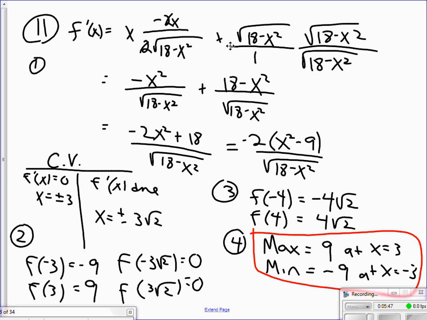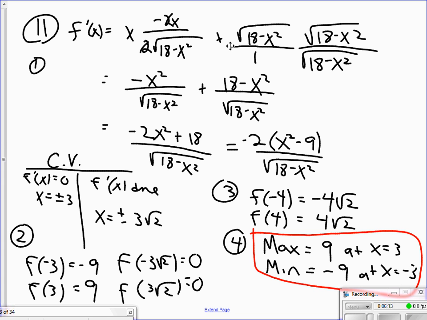So many critical values. Then we have to find the y coordinate at each of these by plugging each into the original function. You get negative 9 when you plug in negative 3, positive 9 at 3, and 0 for the other two. And those are just your critical values.